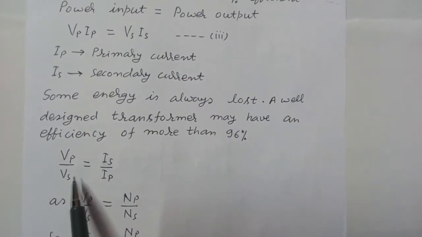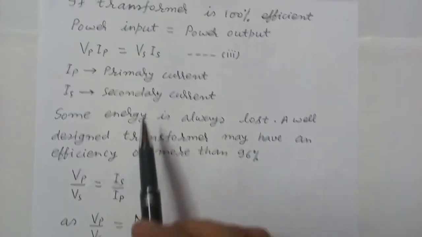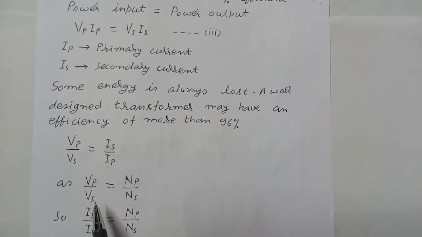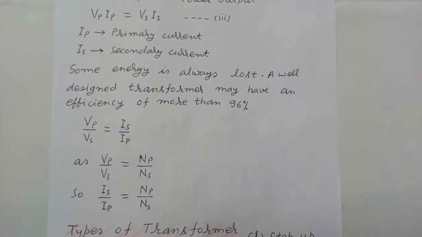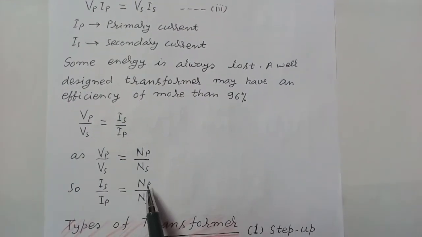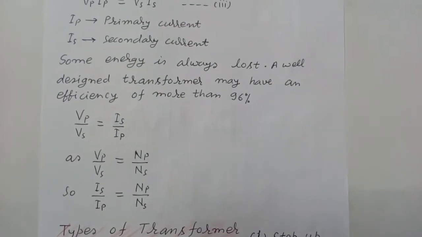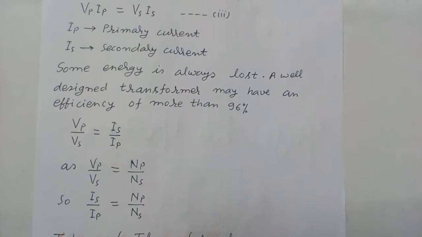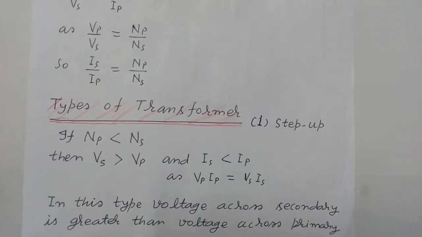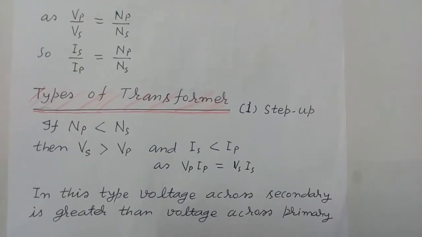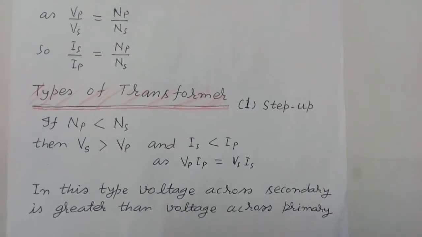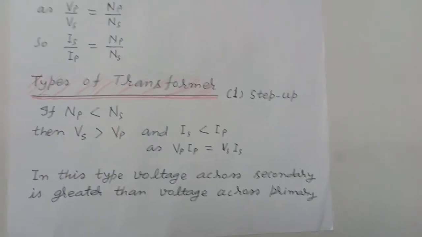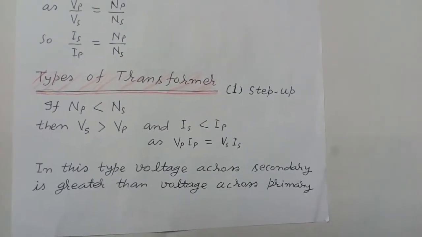So Vp upon Vs is equal to Is upon Ip from here in third, and as Vp upon Vs is equal to Np upon Ns, so Is upon Ip is equal to Np upon Ns. So if voltage increases, then current in the secondary decreases. There are so many types of transformer, but you have to study only two types: step up transformer and step down transformer.